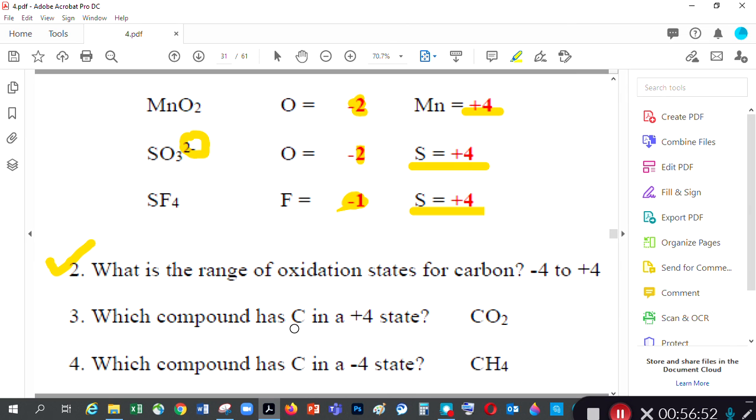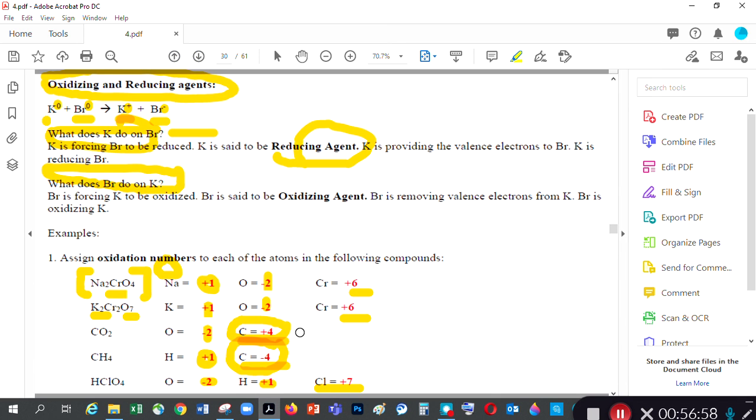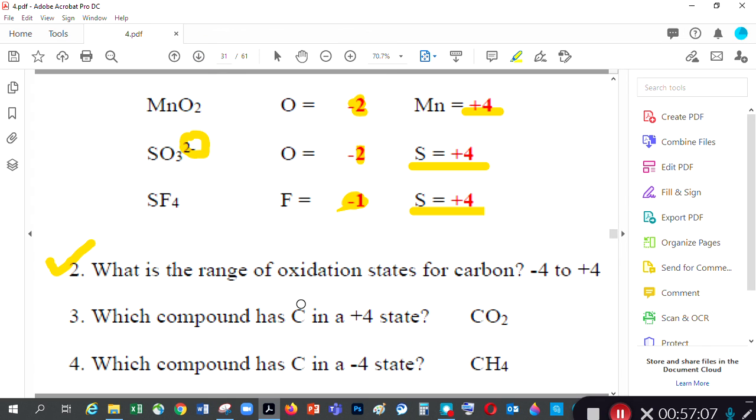Which compound has carbon in +4? CO2 is +4, and -4 is methane. That's good.